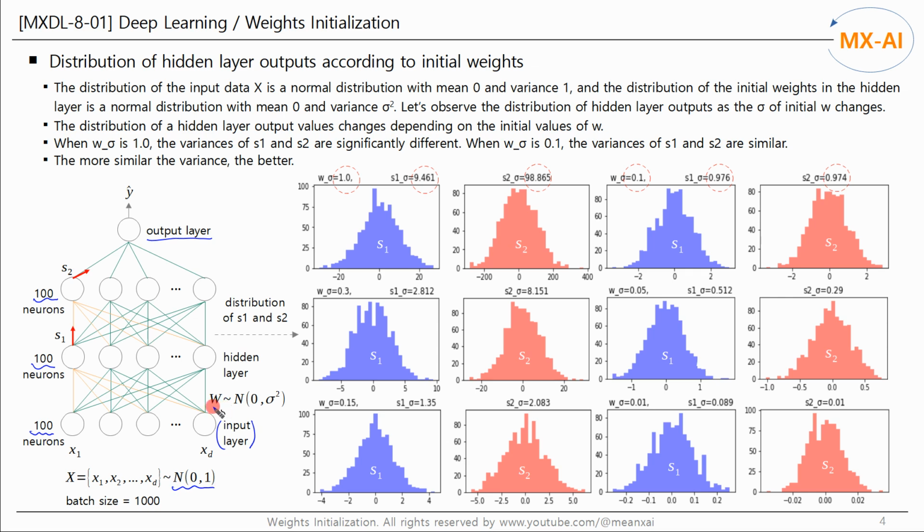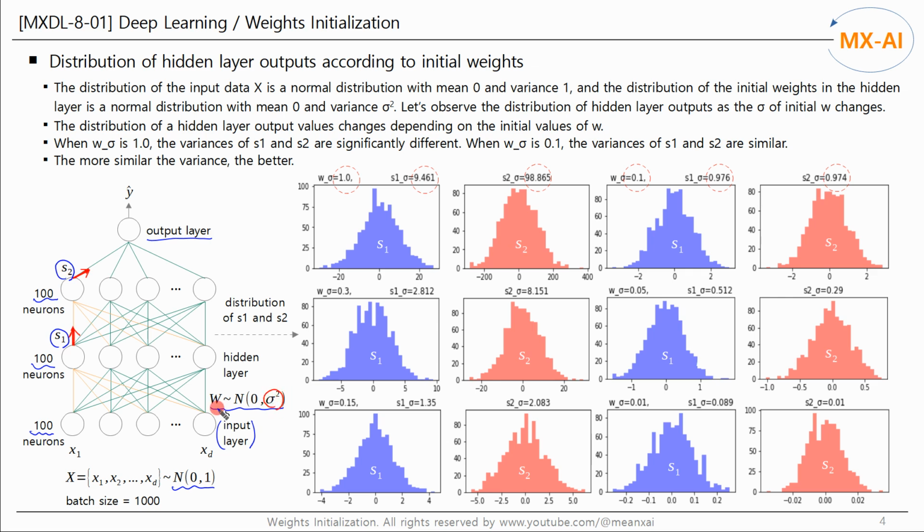And the distribution of the initial weights in the hidden layer is a normal distribution with mean 0 and variance sigma squared. The output of the first hidden layer is S1, and the output of the second hidden layer is S2. Let's observe the distribution of outputs of these hidden layers as the sigma of initial W changes.